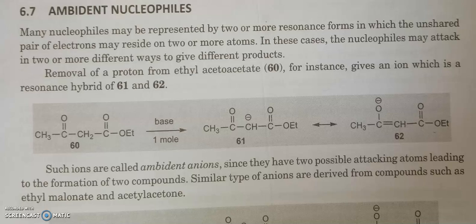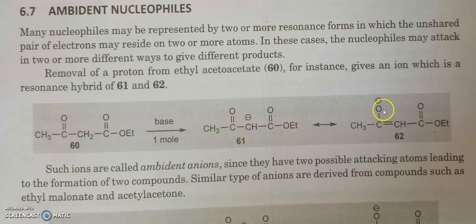Removal of a proton from ethyl acetoacetate, for instance, gives an ion which is a resonance hybrid of 61 and 62. This hydrogen is replaced through the base and this anion is resonance stabilized.